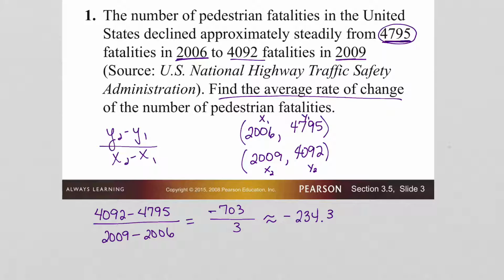And so what does it mean in this case? It means find the average rate of change of the number of pedestrian fatalities. The nice thing is that they seem to be going down. So the negative sign indicates that the deaths are declining, and they're declining by approximately 234 deaths per year.